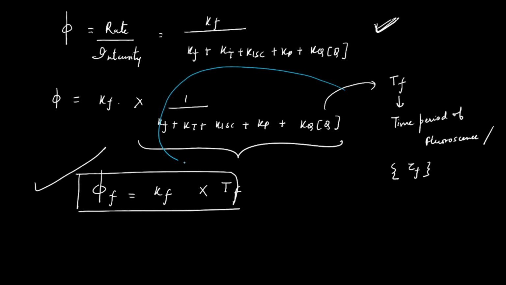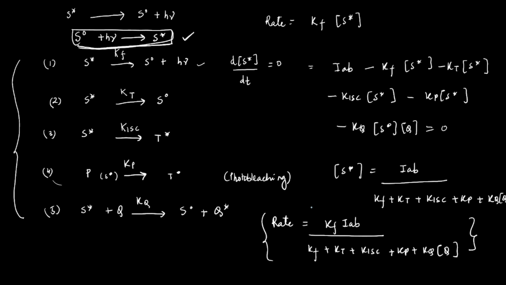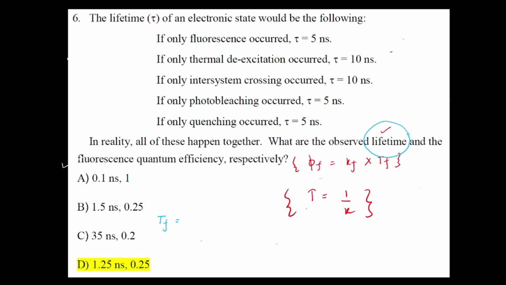This is the given formula for the lifetime, right? All we need to do is take the reciprocal of the rate constants of these given steps. So what we actually have is 1 divided by fluorescence plus thermal de-excitation plus intersystem crossing plus photo bleaching plus quenching.